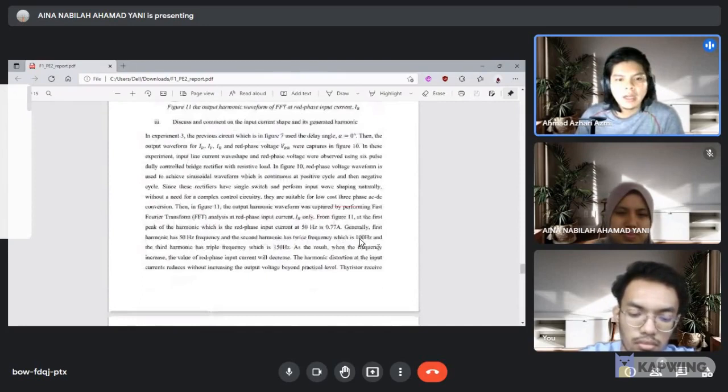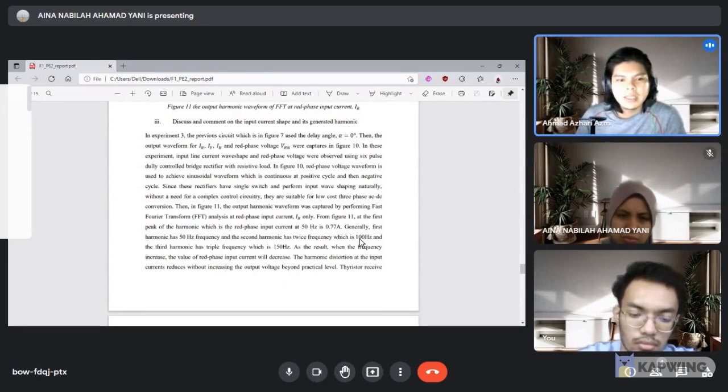And after that, in experiment 3, the previous circuit, which is in figure 7, is used with delay angle alpha equal to 0. Then the output waveforms for current red, current yellow, and current blue, and red phase voltage VRN were captured in figure 16. In this experiment, input line current wave shape and red phase voltage were observed using a six-pulse fully controlled bridge rectifier with resistive load.